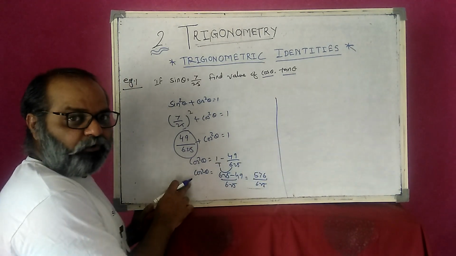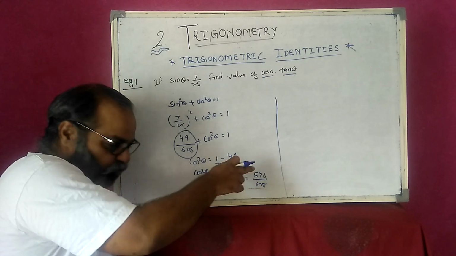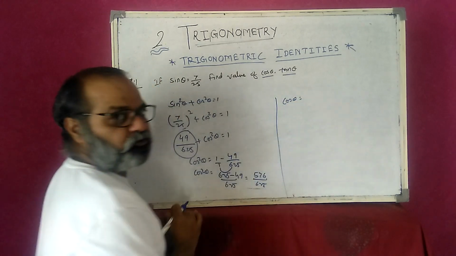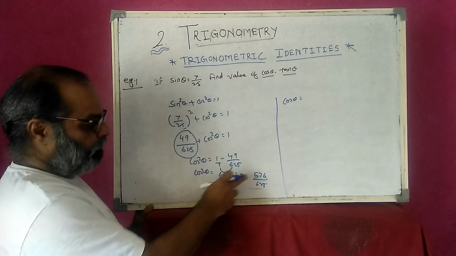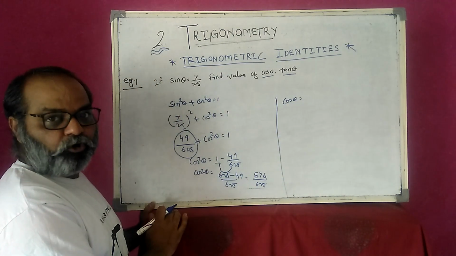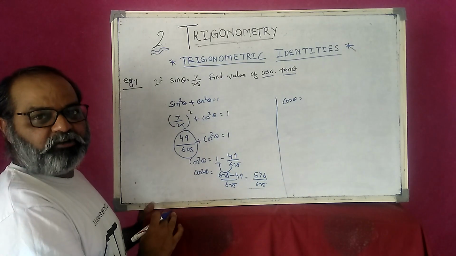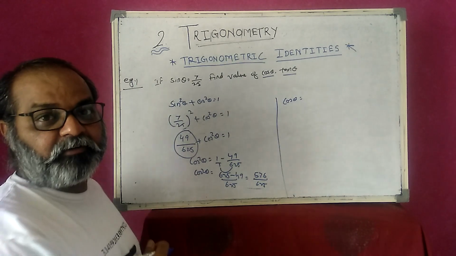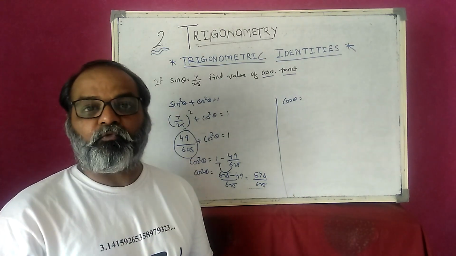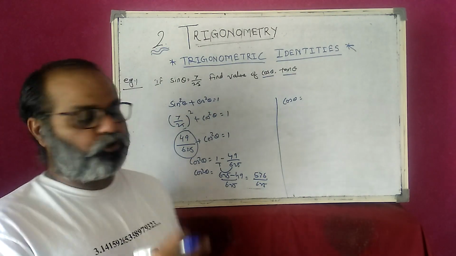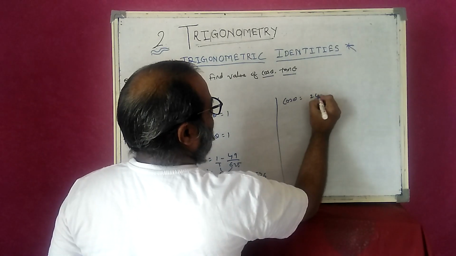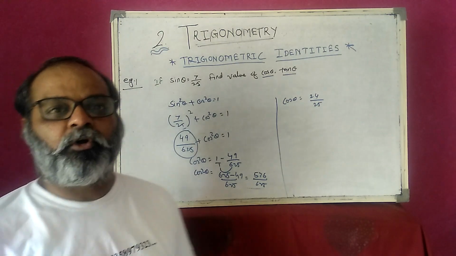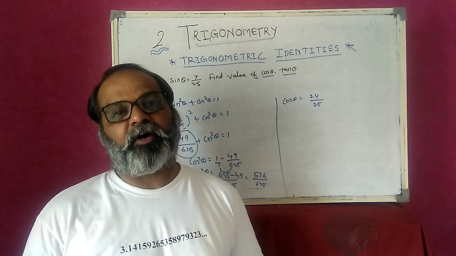I want to find cos theta, so taking the square root of both sides, the square root of cos square theta is cos theta, and the square root of 576, which number has the square 576? It is 24. And the square root of 625 is 25. So cos theta is equal to 24 by 25.